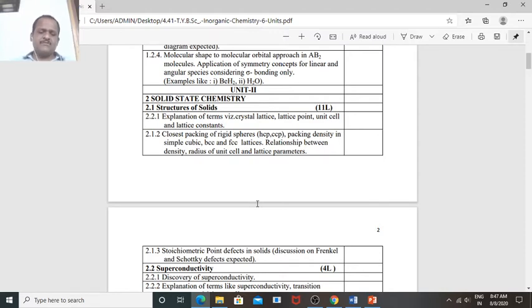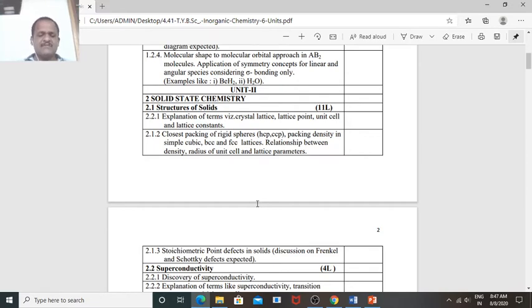The second chapter of this second unit is superconductivity. Superconductivity is in vast demand in day-to-day life in many electronic devices, but students don't know what superconductivity is or what the phenomenon of superconductivity is.